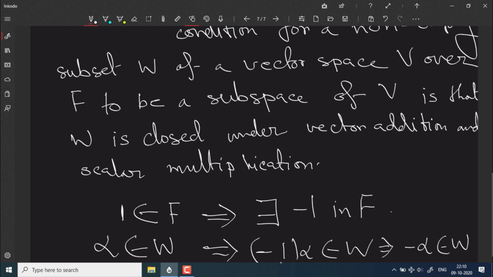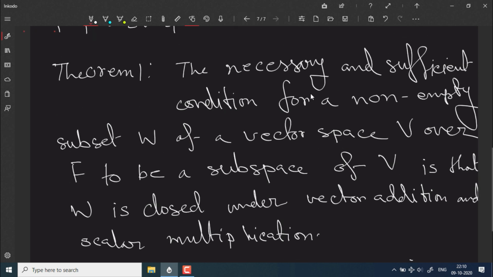And if the additive inverse exists, then if you add them, you will get the zero vector. Minus alpha plus alpha will give you the zero vector, right?